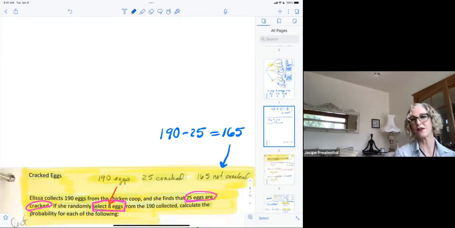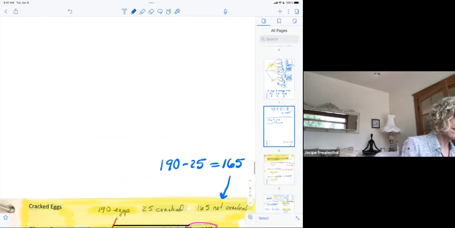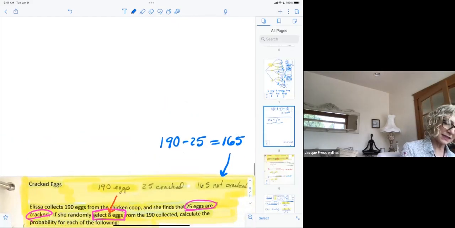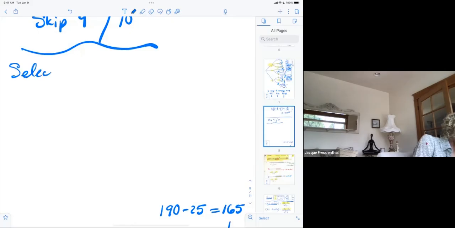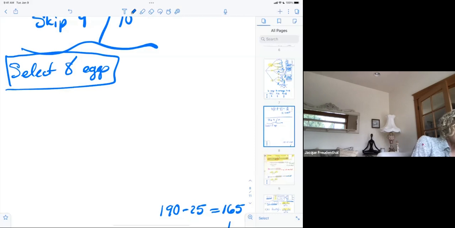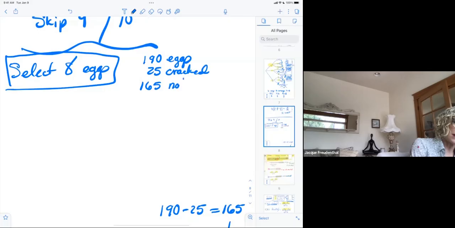So 165 are not cracked. Let's try to find the probability. We're selecting 8, because it says right here, select 8 eggs. We have 190 eggs, 25 that are cracked, and 165 that are not cracked.